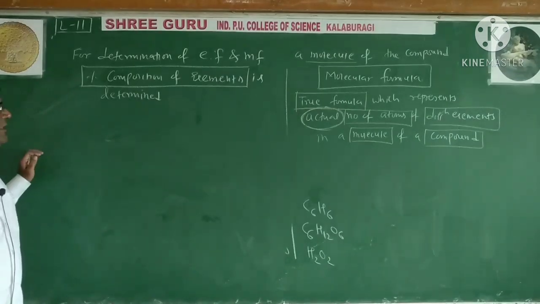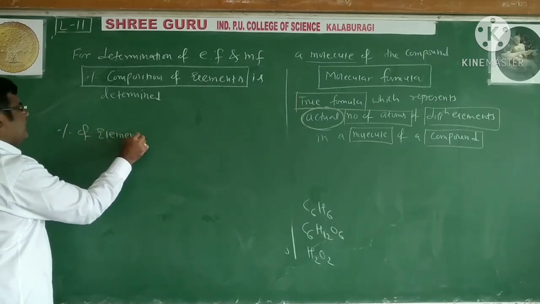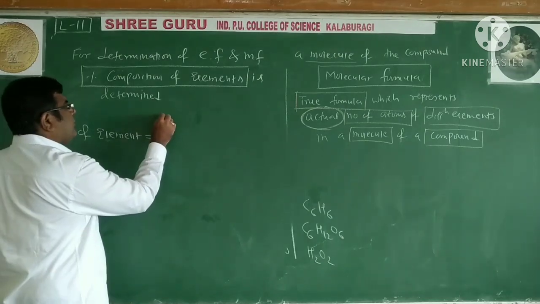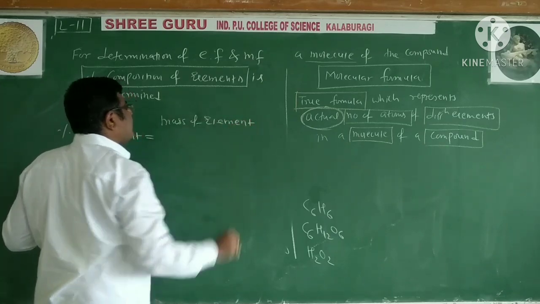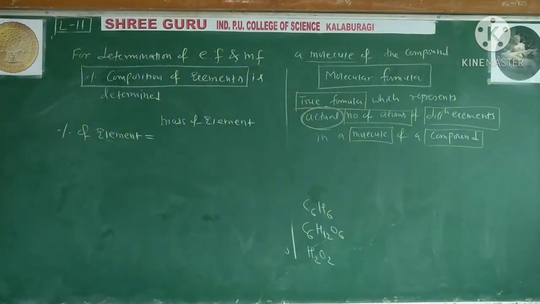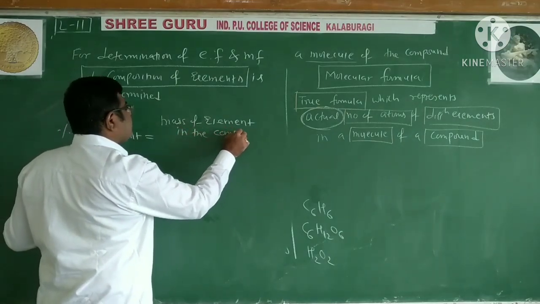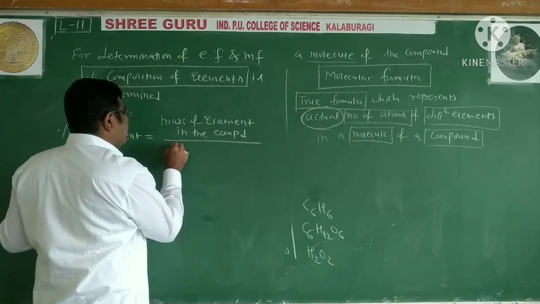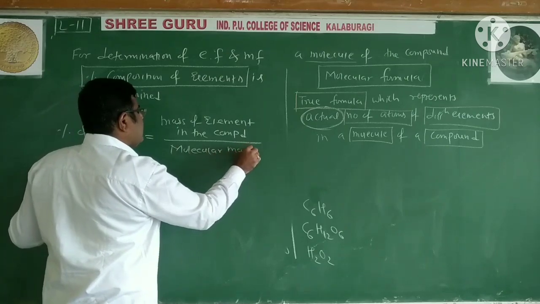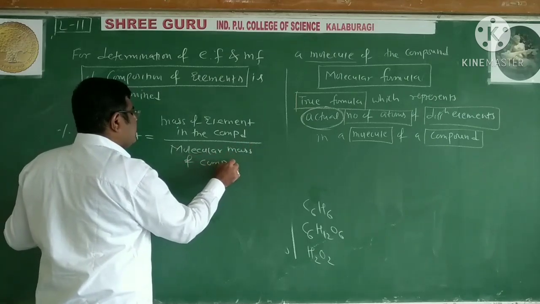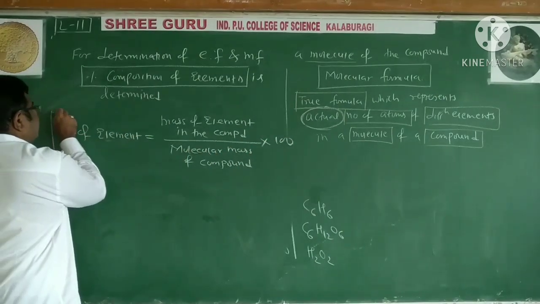And what is the percentage composition of an element? Percentage of element is equal to mass of the element in the compound divided by molecular mass of the compound multiplied by 100.